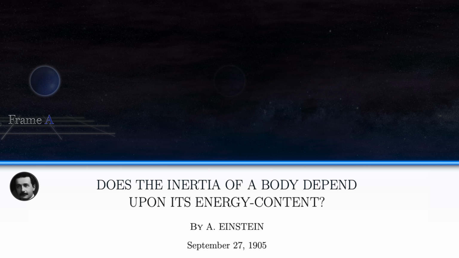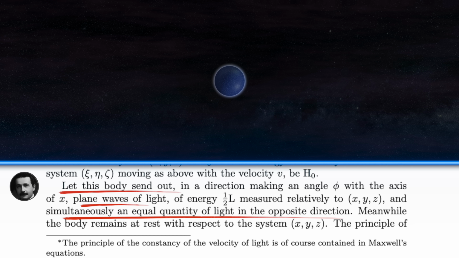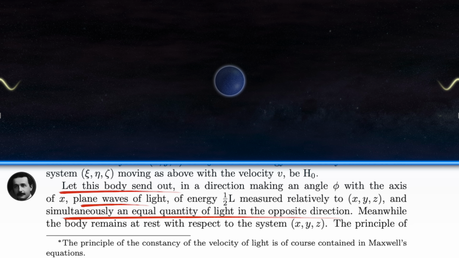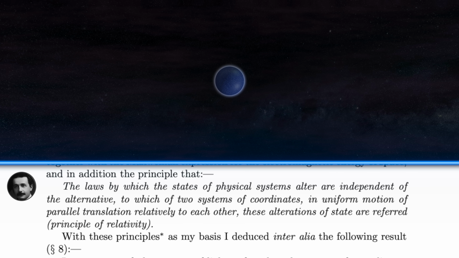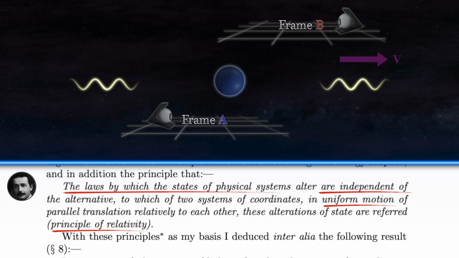Likewise, Einstein in 1905 also considered the case of a body of mass which emits radiation, though here he modified Poincaré's premise by assuming the radiation to have been emitted in both directions, thus avoiding the recoil of the mass. Just as Poincaré did, Einstein then employed the principle of relativity to consider how the energy would be measured in different frames of reference.